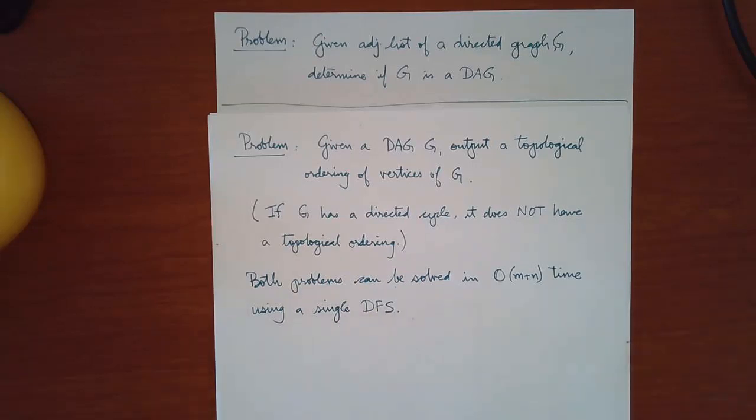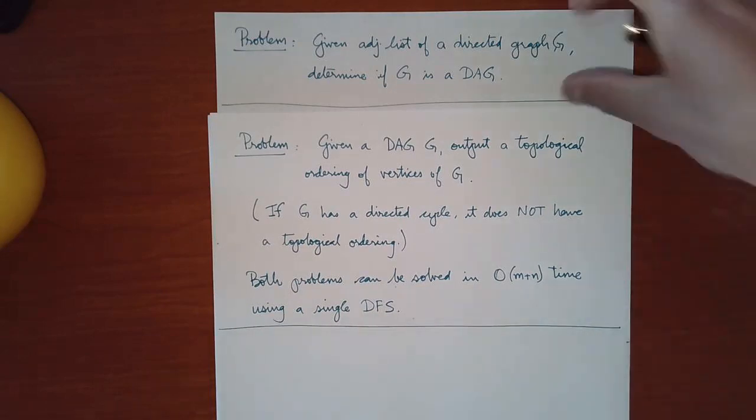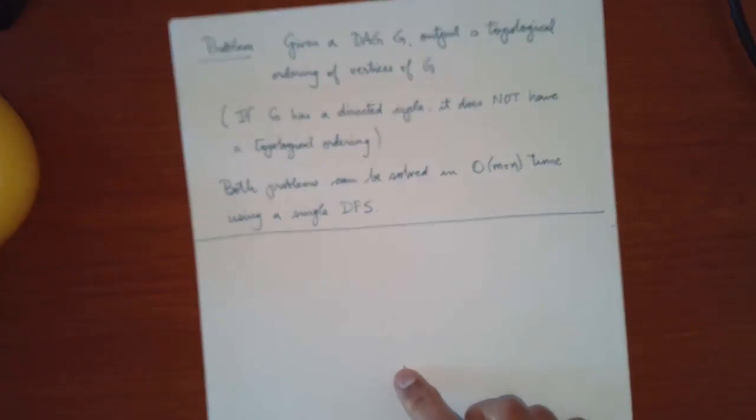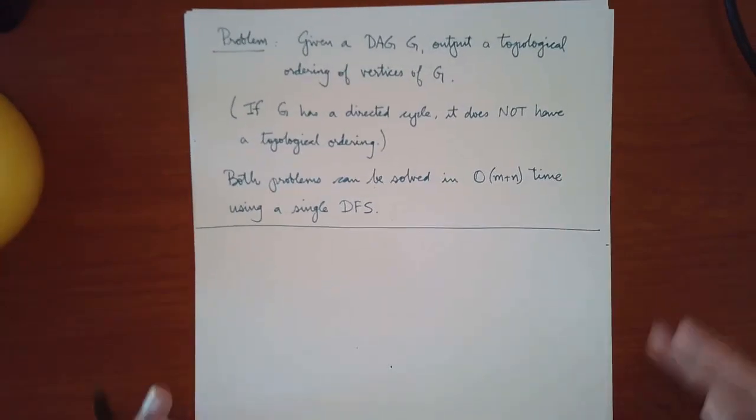Just like we could solve shortest paths in graphs using breadth-first search, we can solve this problem using depth-first search. All right? I'm going to first tell you the algorithm itself, and then we'll discuss a little bit about how it works. Any questions at this point? Please feel free to ask.